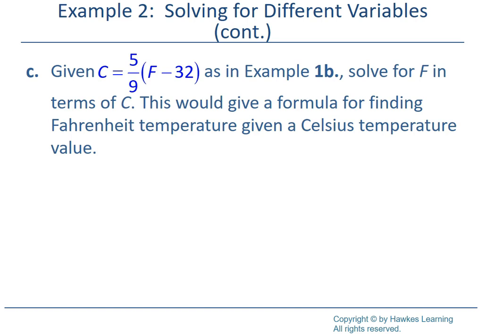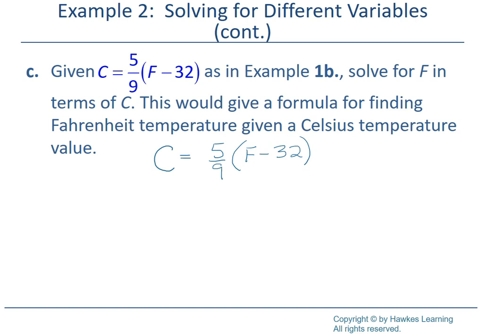Okay, here we're asked to, we did some of these earlier, but we want to just solve now for the letter F. Let's just write it out. So we have C equals 5/9 (F minus 32). You want to write this in your notes.